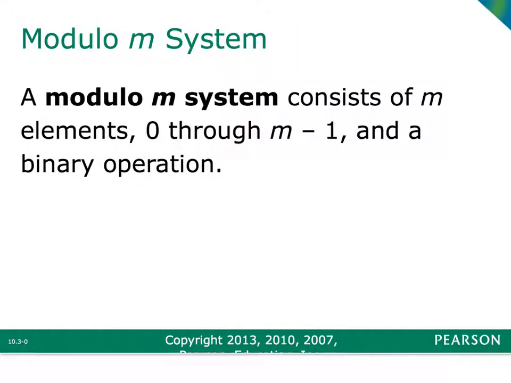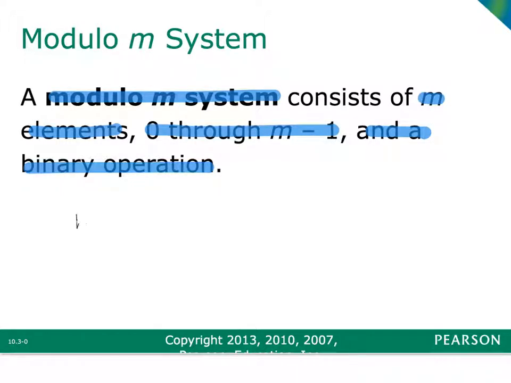Okay, and that gets us to our general definition of a modulo M system. It consists of M elements, and they go 0 through M minus 1, and a binary operation. Remember, a binary operation could be add, subtract, multiply, divide. So let's say we're looking at a mod 5 system, modulo 5.